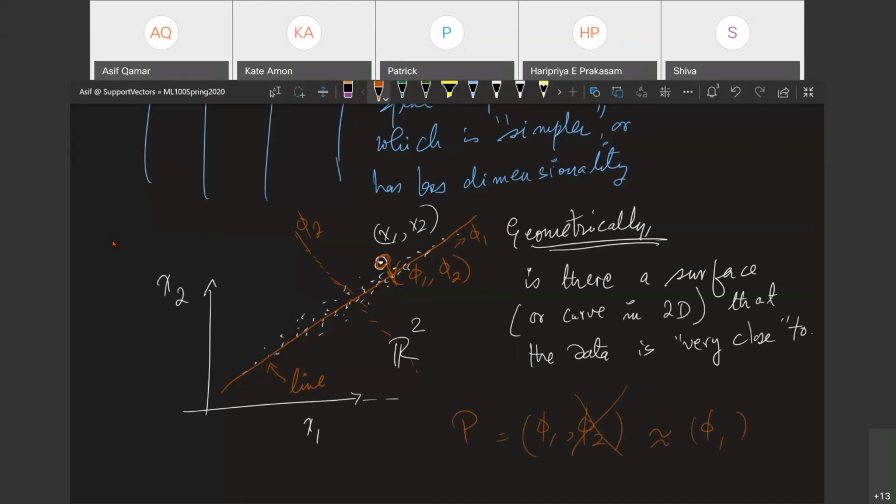A point can be represented by just the distance along this axis, which is phi1. And that is enough. And I can ignore phi2 altogether. Maybe it's a bit of noise and things like that. Or it is sufficient to describe most of the data by just looking at phi1. Would that look like a plausible argument, guys?